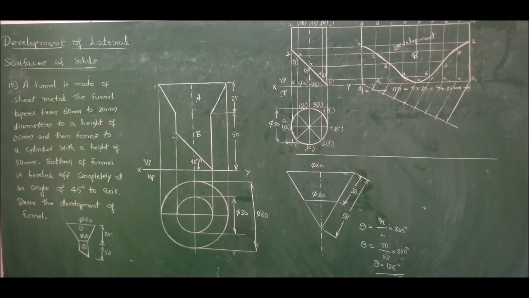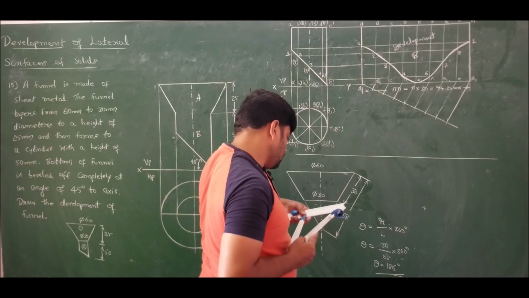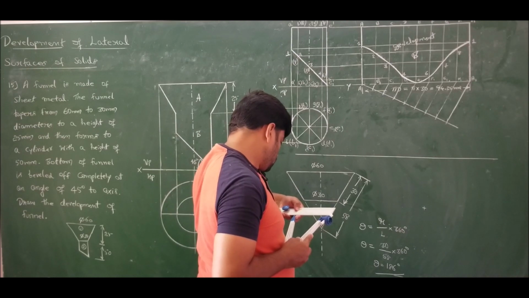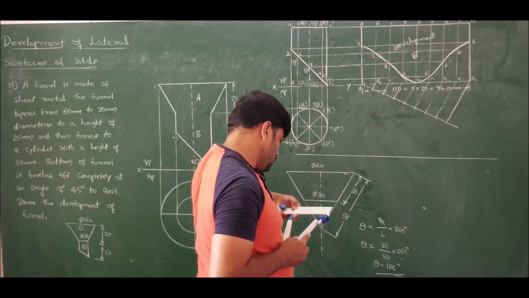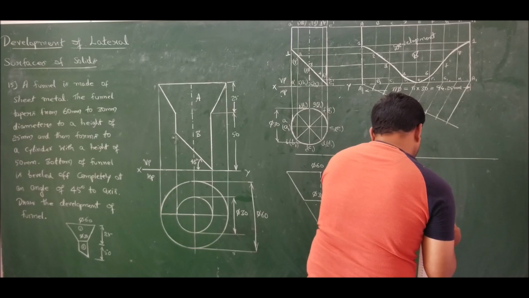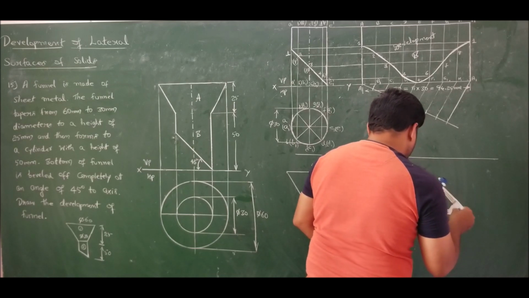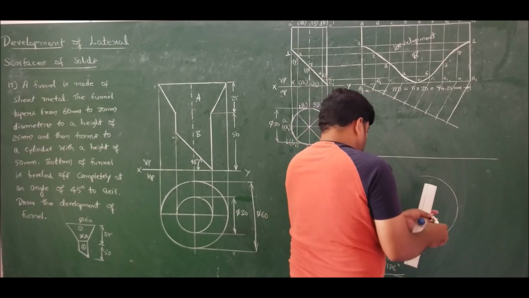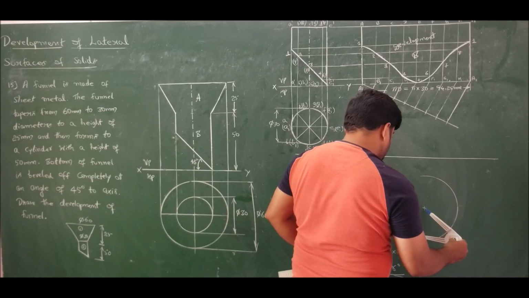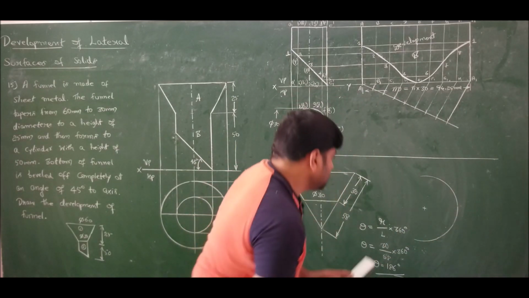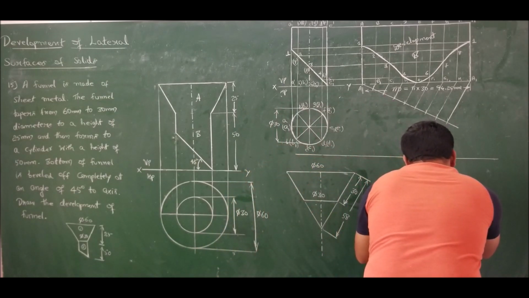Let me draw for 1:1 scale. Since space is a constraint, let me mark for 58. Take the radius as 58. Now measure the angle.